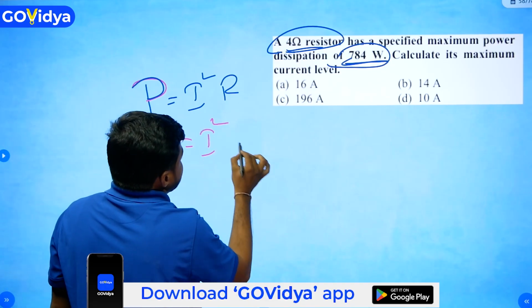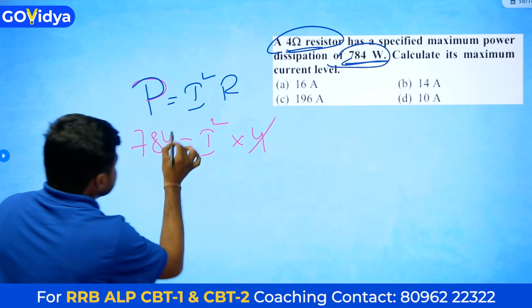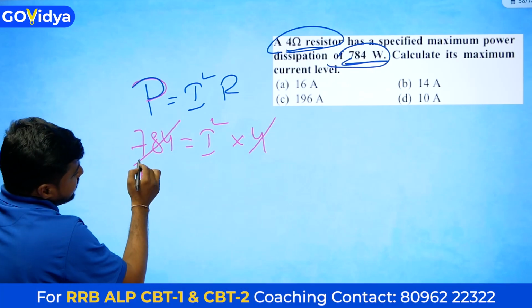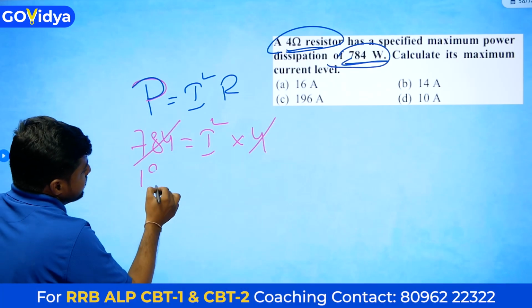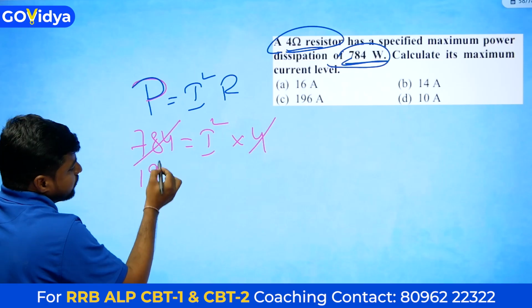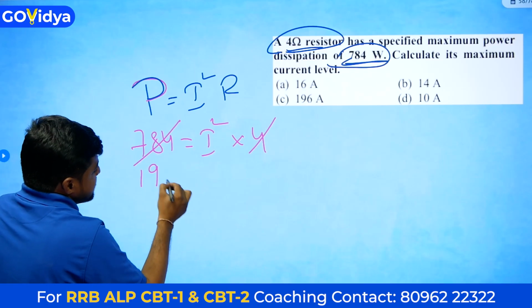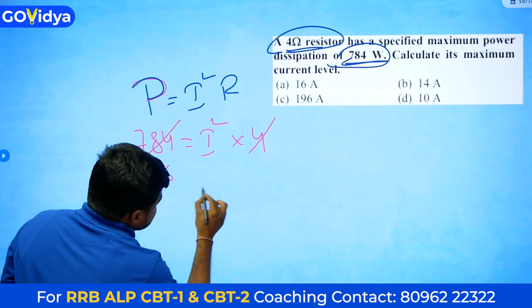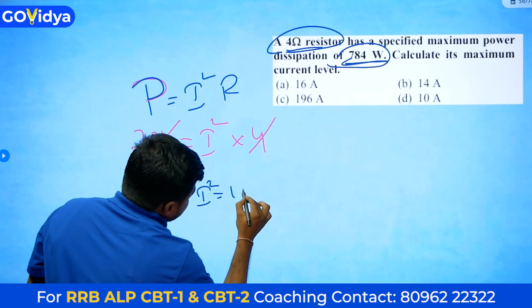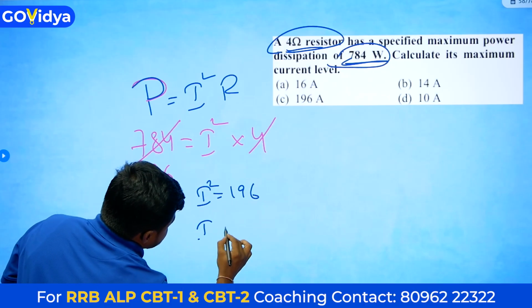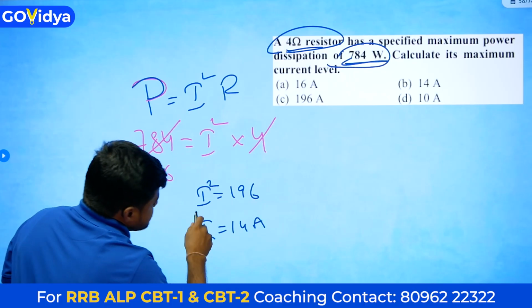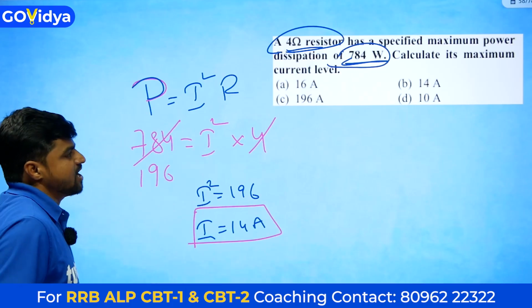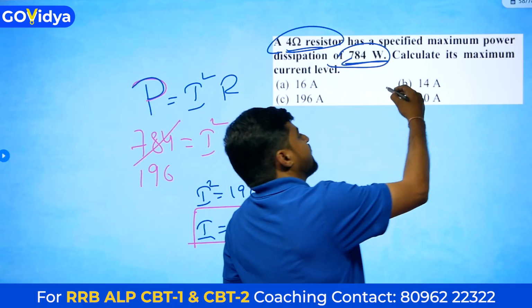Dividing, I square is equal to 196. I is equal to 14 amperes. From the options, option B is the correct answer.